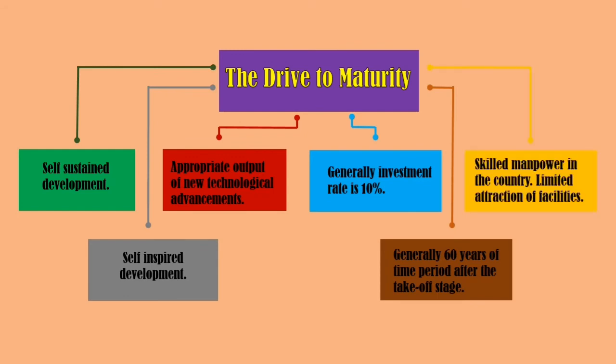Skilled manpower in the country was available, or those people with the ability to do a particular job were available. So as a result, there was an improvement in the skills and advancements of industrialists.